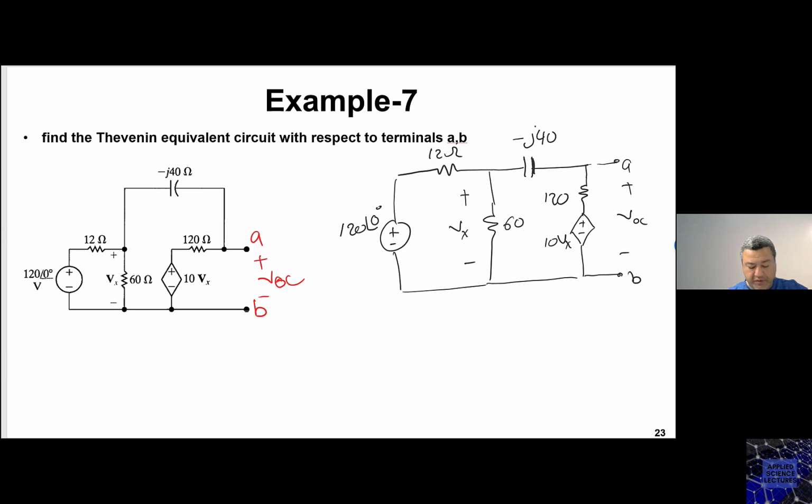Phasor is already given to you for the source. So we need to find the voltage open circuit. So how do we solve for this problem?